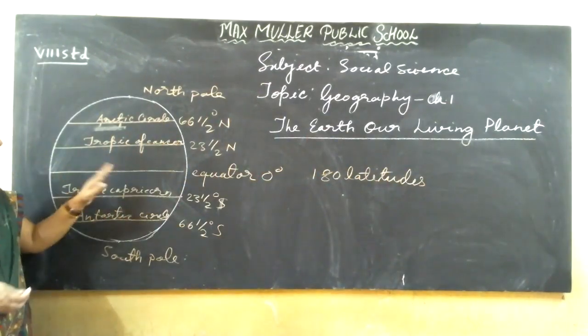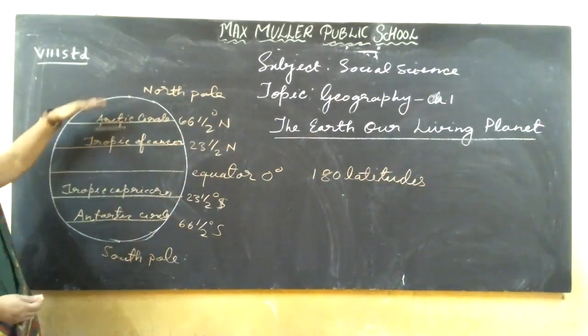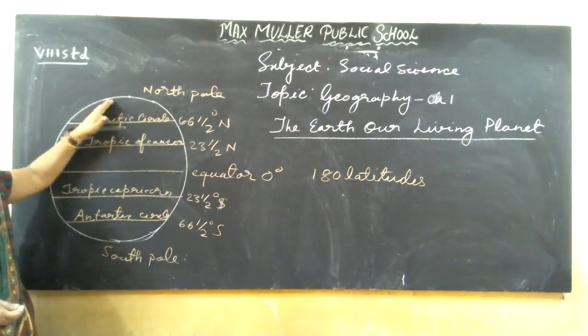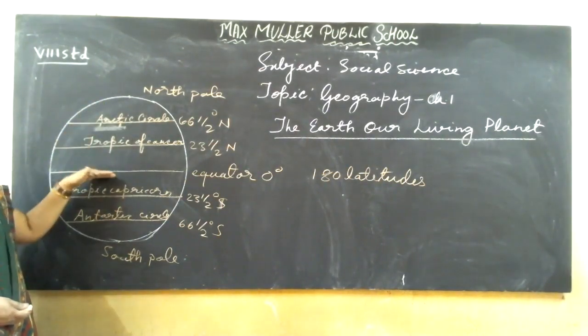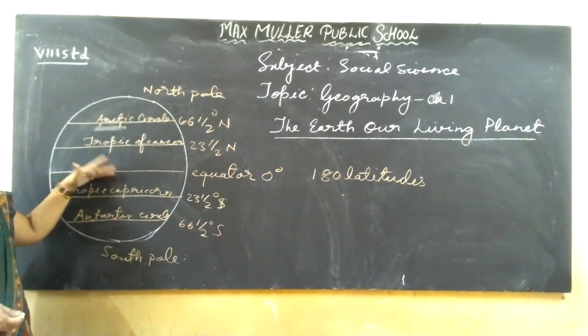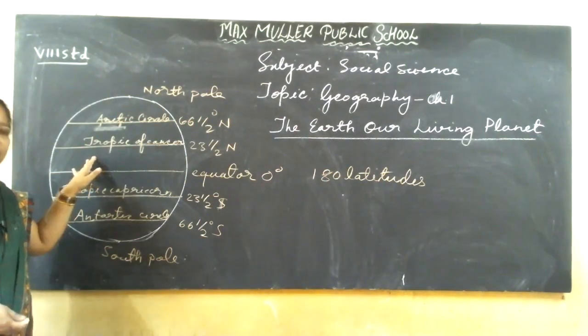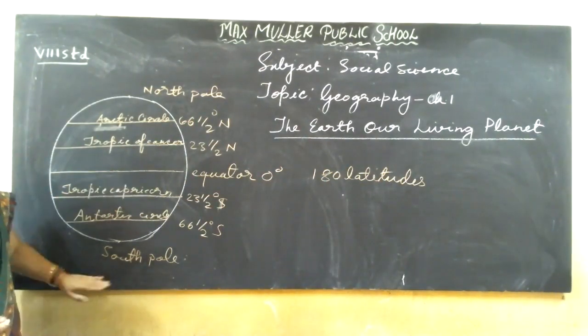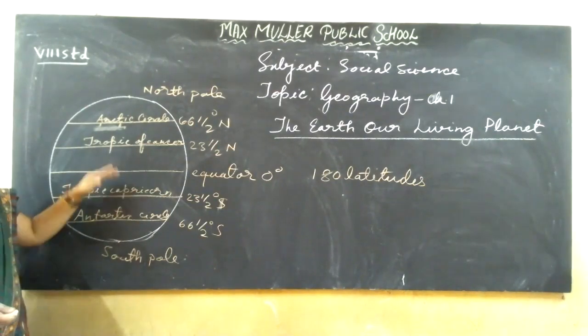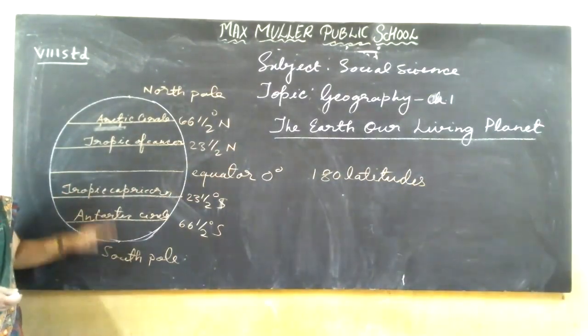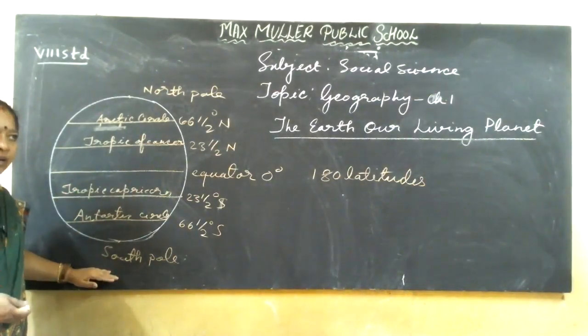And this is 0°. On the northern side of the equator we have 90 latitudes, and towards the South Pole, that is the southern side, we have 90 latitudes.